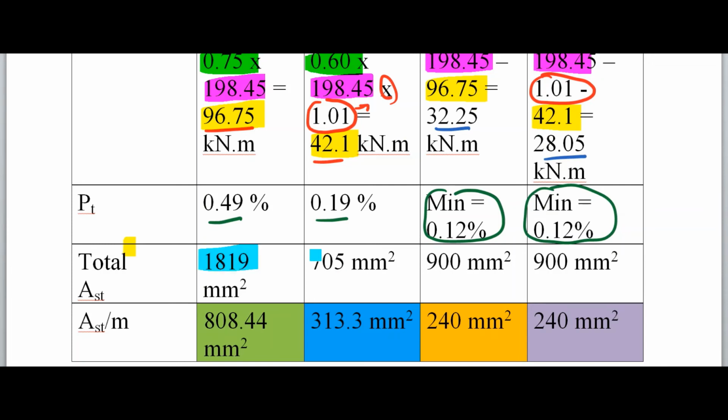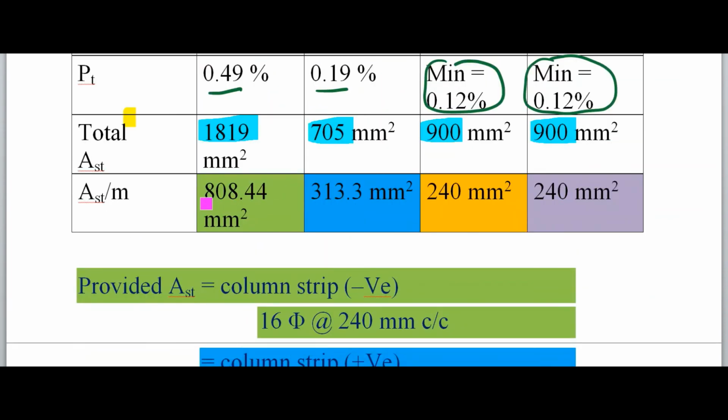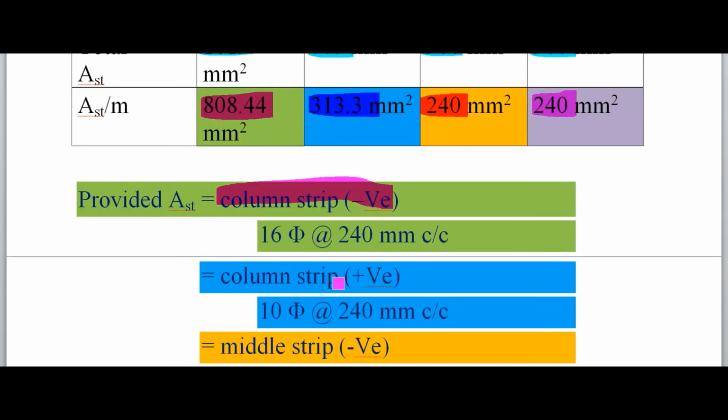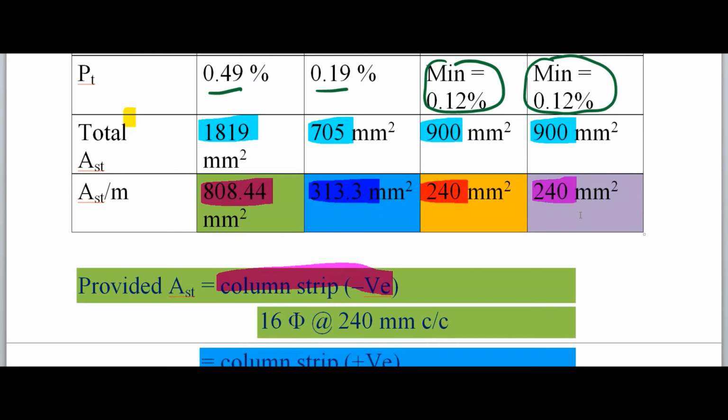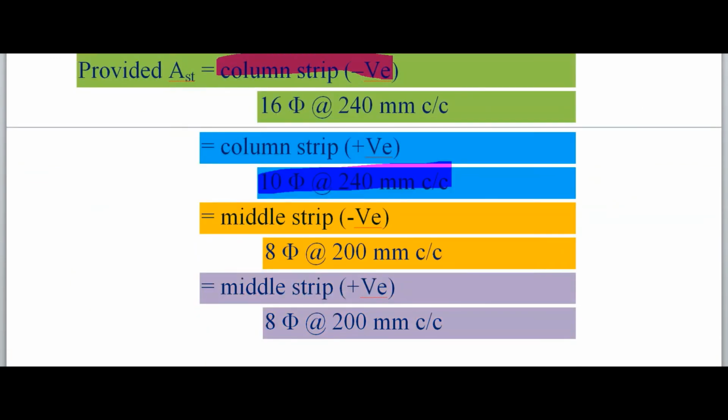Then here is the total Ast. Ast per meter we can find out: 808.44 mm square for the column strip negative, right? 331.3 mm square for the column strip positive, 240 mm square for the middle strip negative, and as well 240 mm square for the middle strip positive, right?